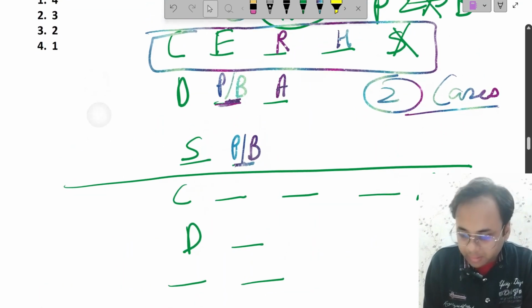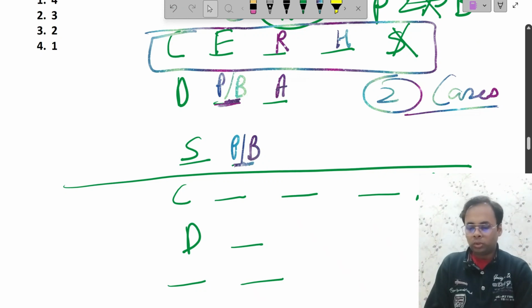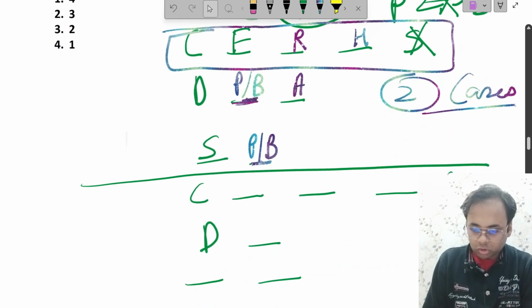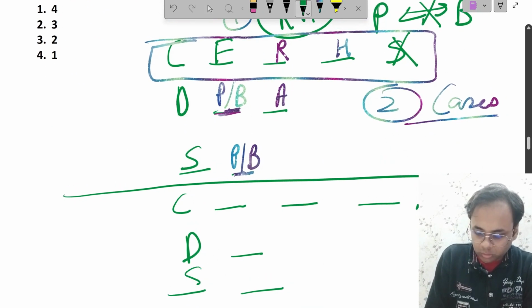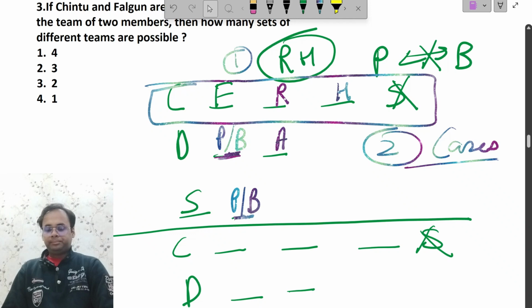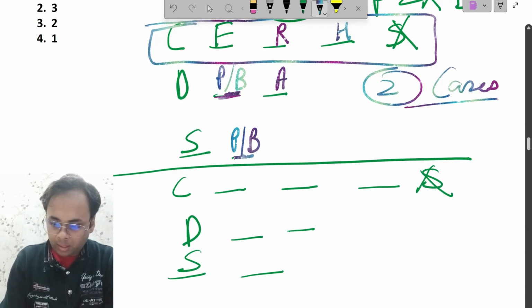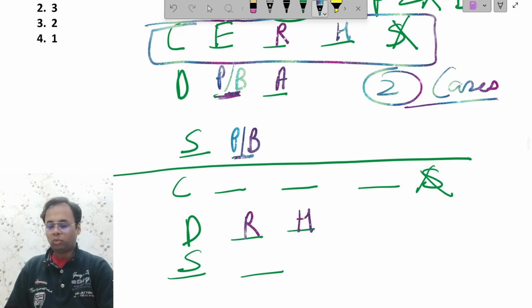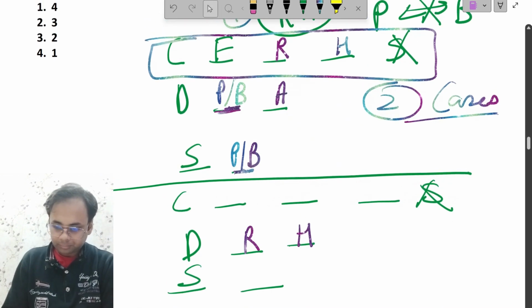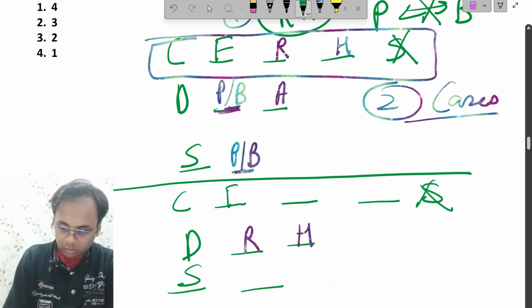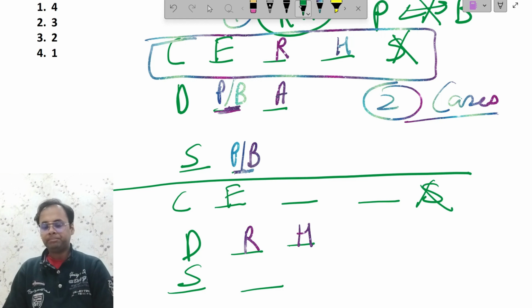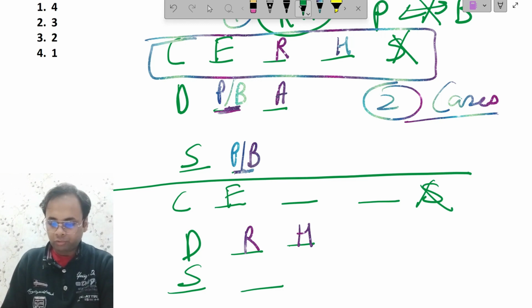Another case can be if R and H go into the three-member team, because Saurav is in the team of two members as per this question. Now, when R and H come in this team of three members, what would happen? We already have Falgun here as per the question. If R and H come up in the three-member team, then which are left?